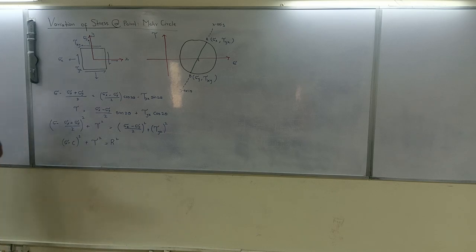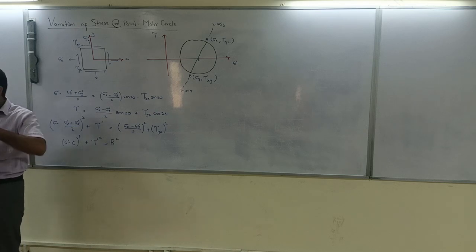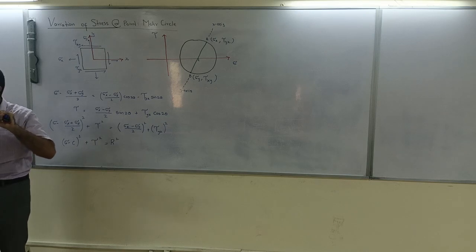Normally how would we find out the point within a structure which can have maximum stress? Mainly, you know where the maximum moment is, you know where the maximum axial stress is. A point which has got maximum moment will normally give you the maximum stress.